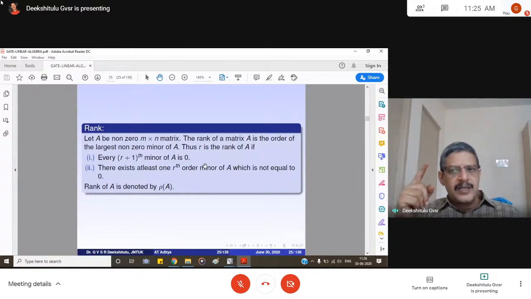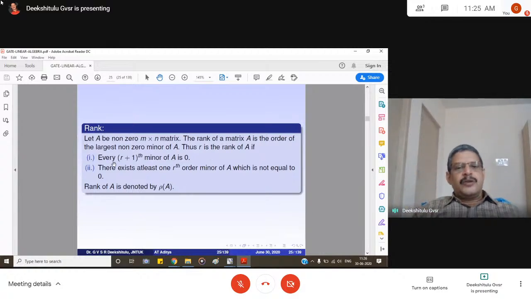If there exists at least one 2 by 2 minor which is not equal to 0, then rank of A becomes 2. So r is the rank of A if every r plus 1 order minor of A is 0 and there is at least one rth order minor of A which is not equal to 0. Rank of A is denoted by rho of A.